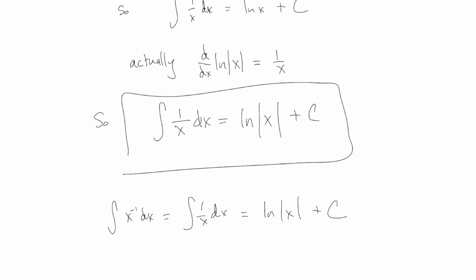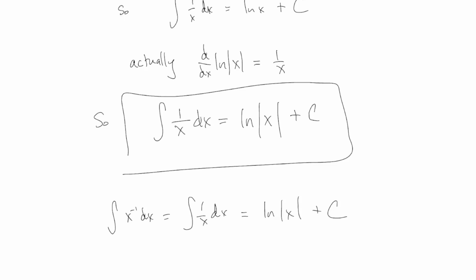This is the other part of the formula to remember about powers of x. If it's x to the n, you do 1 over n plus 1, x to the n plus 1, except if n is negative 1, then you do the natural log of the absolute value of x.